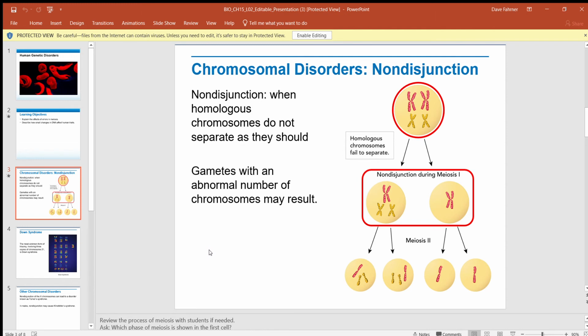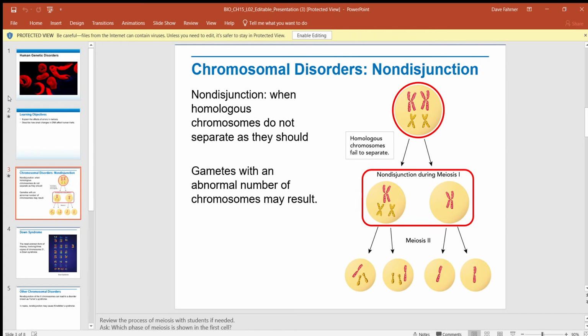Now, one of the things that people do when they find out they're pregnant is a lot of times they'll do something called an amniocentesis. An amniocentesis is basically sticking a needle into the womb and taking out some amniotic fluid, which is the fluid that surrounds the baby.